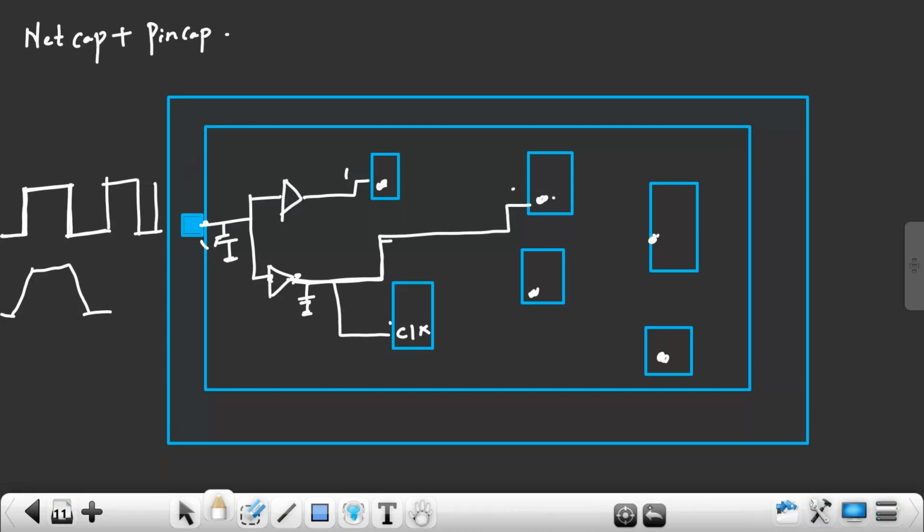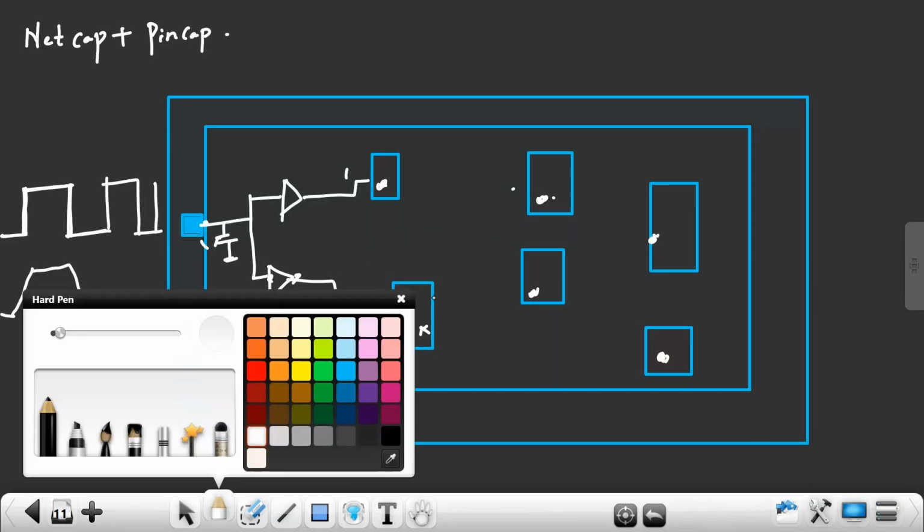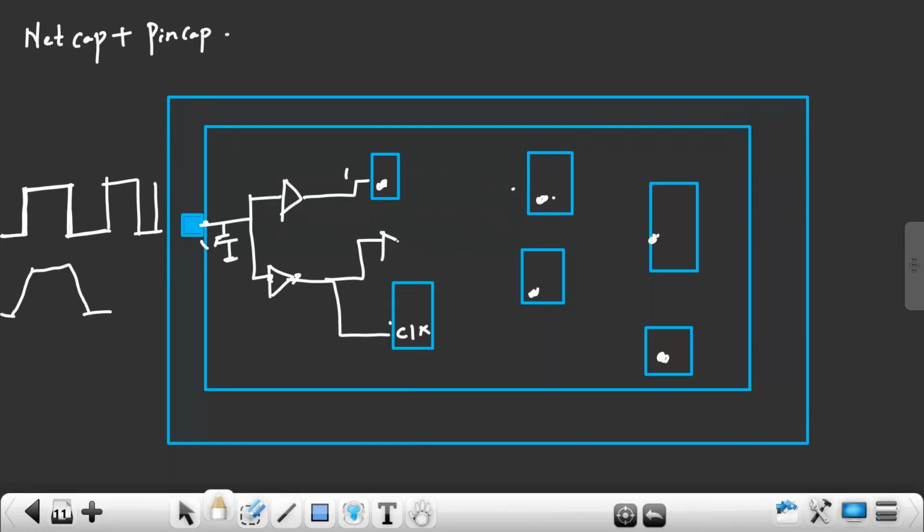To decrease the load, again I will use one buffer here. So now the load is less, because of less net capacitance. This buffer sees only the pin capacitance of 2 cells and only a small net capacitance because of the shorter net. Again, this flip-flop is very far.